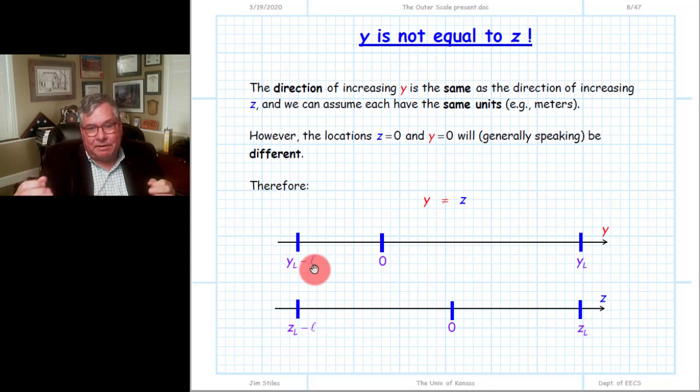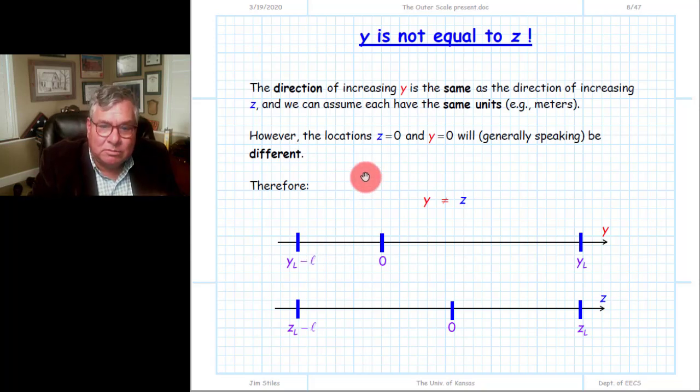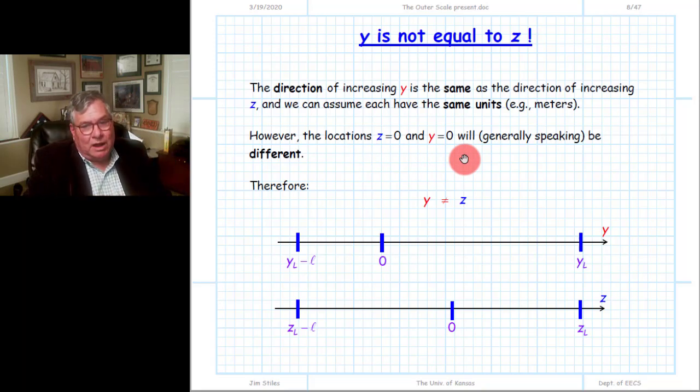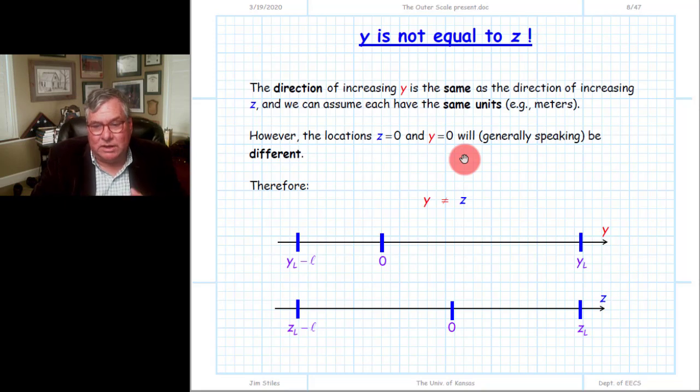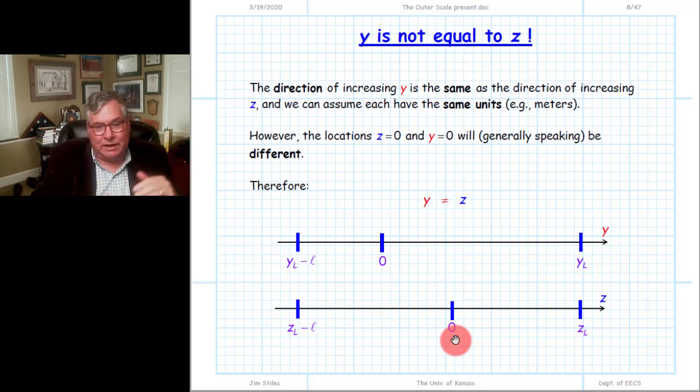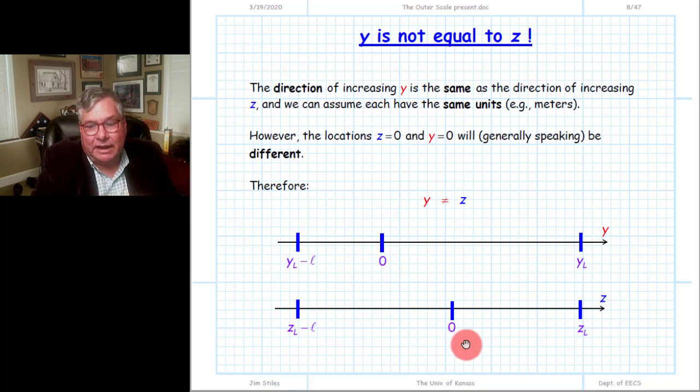Where they become different is in terms of the locations that are defined as z equal to 0 and y equal to 0. On one scale, the one that we defined, perhaps we set z equal to 0 to be the halfway point between the beginning of the line and the end of the line. Or perhaps we set 0 to be at the very end of the line, and we'll call it zL. It doesn't matter.